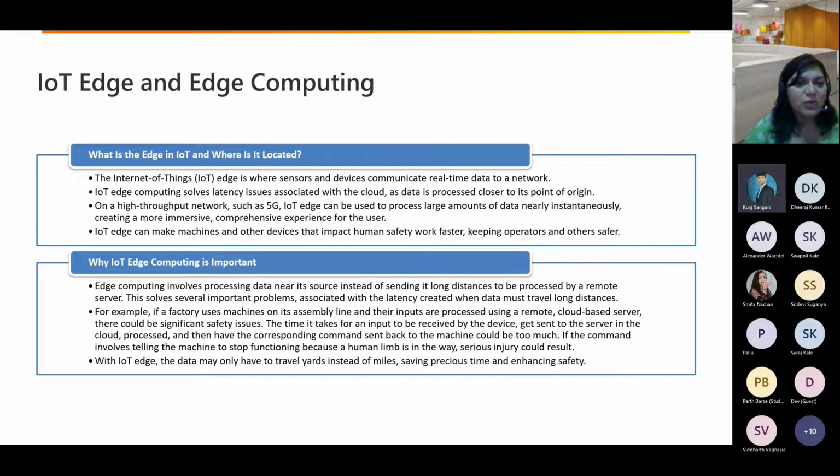Now, why edge computing? Typically, especially in a manufacturing scenario, imagine that on your production line there's a sensor installed, or a camera, or some type of RFID scanner, where your products are actually moving. There is assembly, and there is welding, and there is packaging, and all of these things happen in real time.